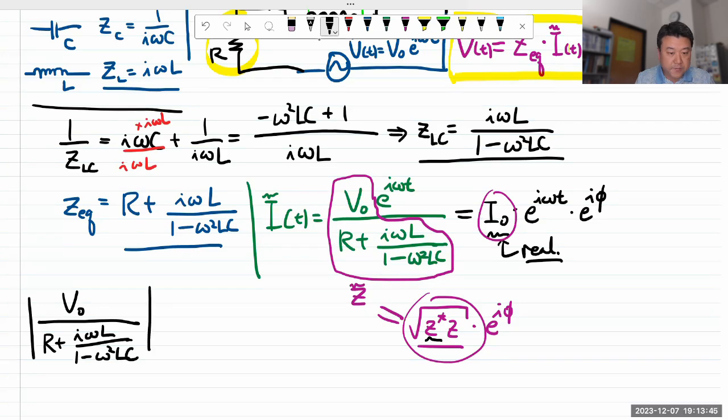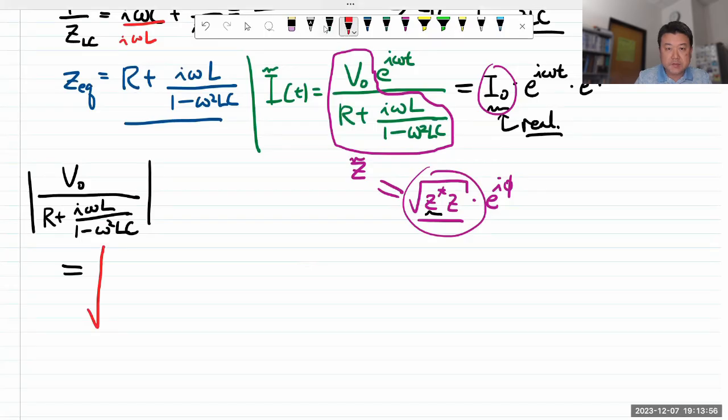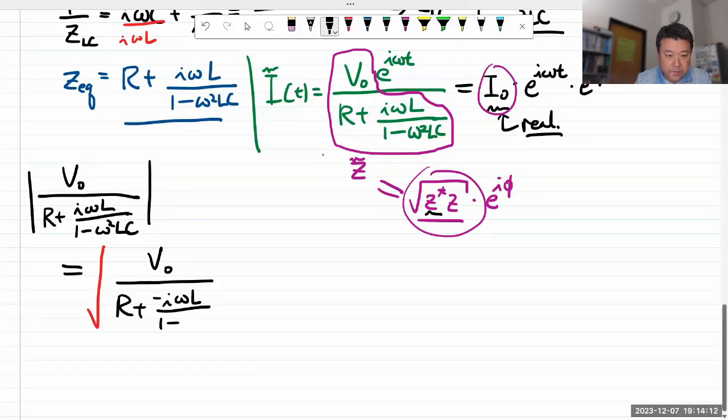So this absolute value is going to be the square root of, let's write the complex conjugate first. That's this quantity, just with all the i's replaced by minus I. It'll be V naught divided by R plus minus I omega L divided by 1 minus omega squared LC.